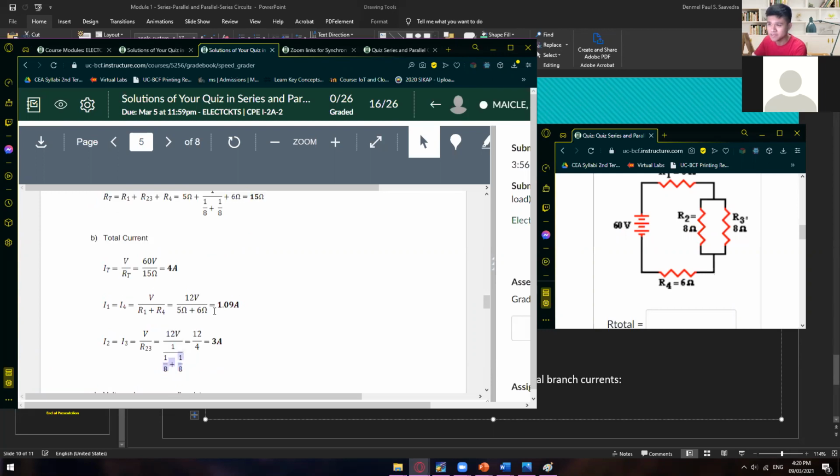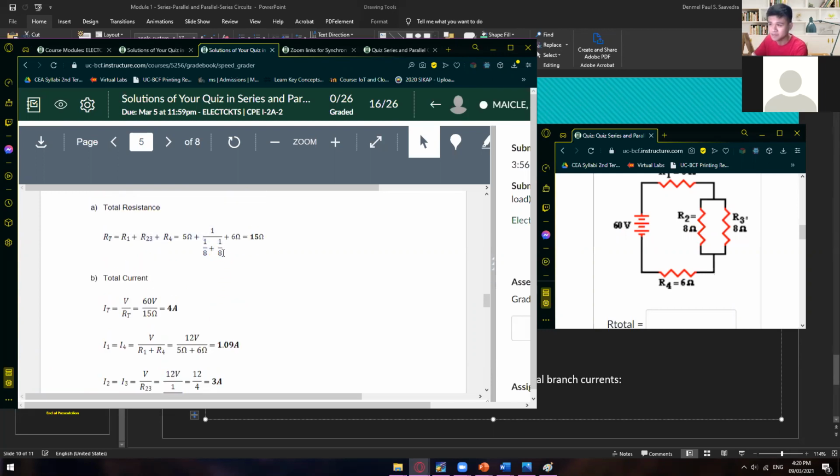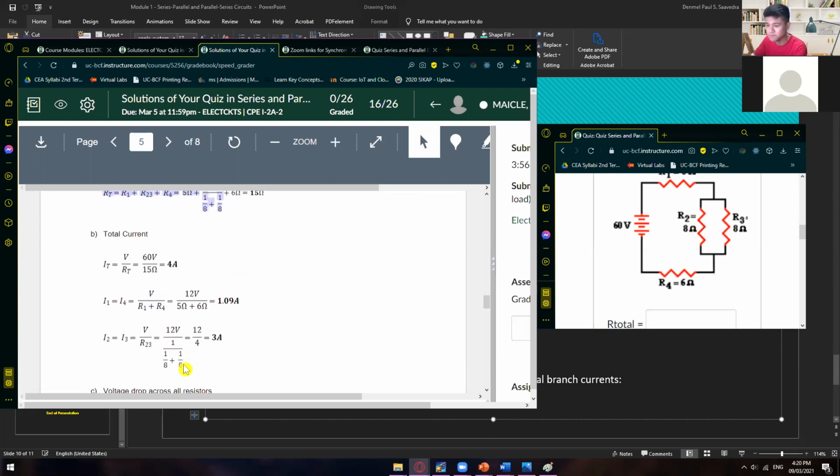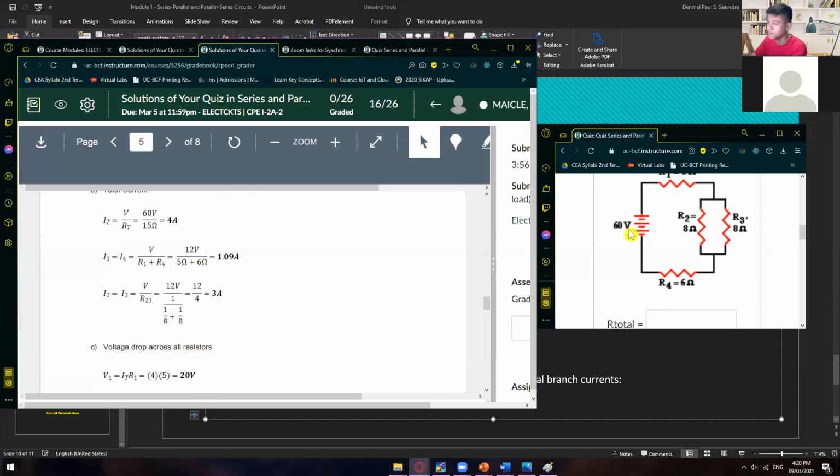He didn't get the calculated value of this one, but he still got the entire expression. Just perform this one, and you will get 12 divided by 4, or 3 amps, as your current on the R2 and R3.